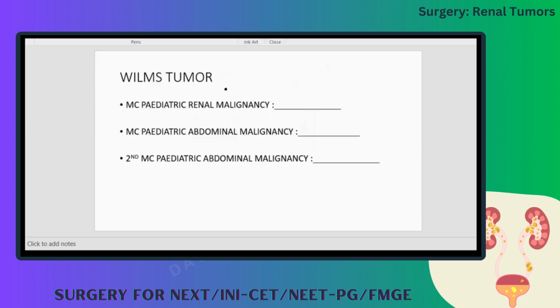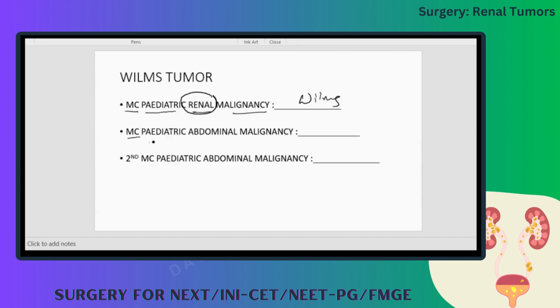Okay. So Wilms tumor. We completed the malignancies part in the morning. So pediatric malignancies, pediatric renal malignancies. Look at the question carefully before you answer, because for the most common pediatric renal malignancy, if the word renal is given, then it is Wilms tumor.